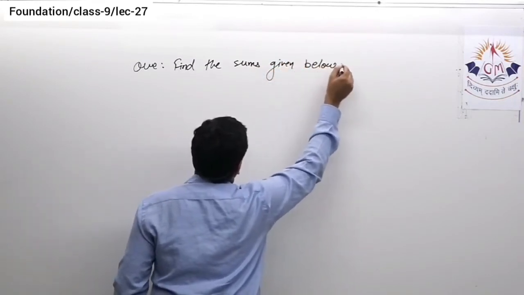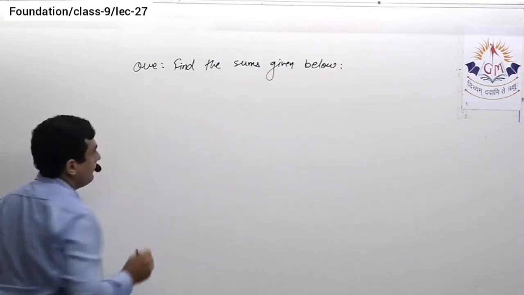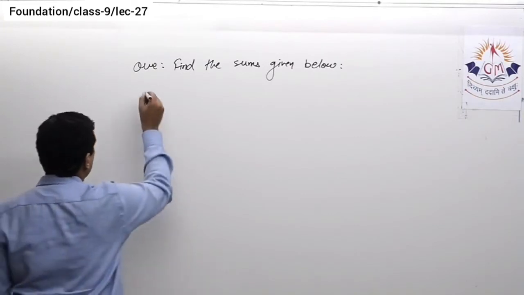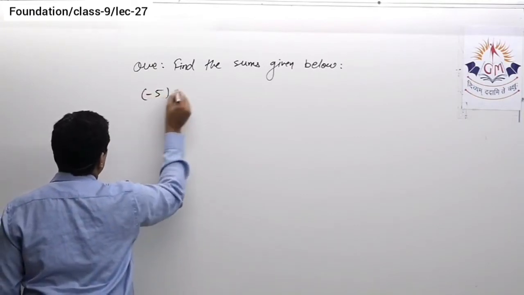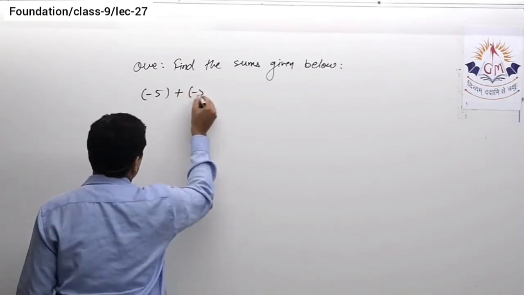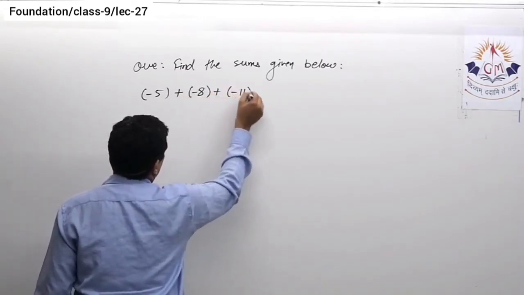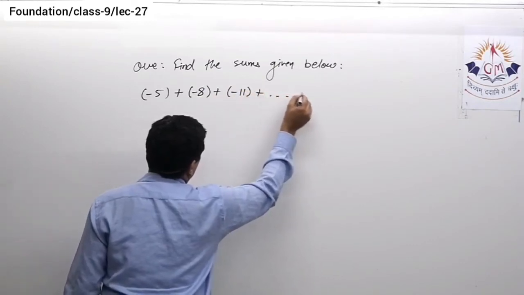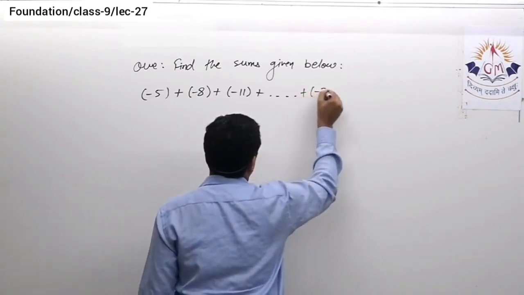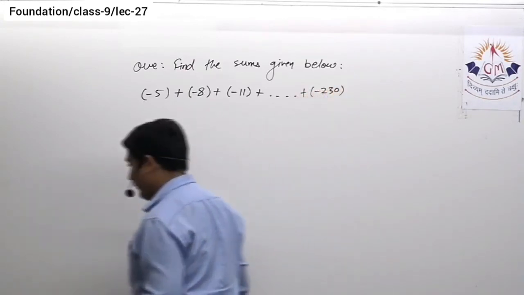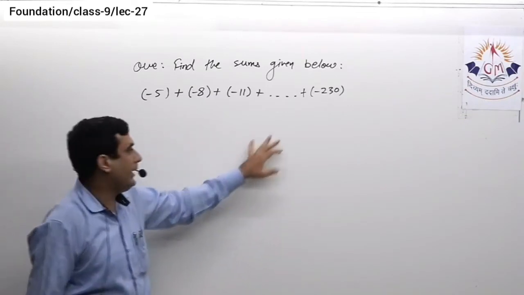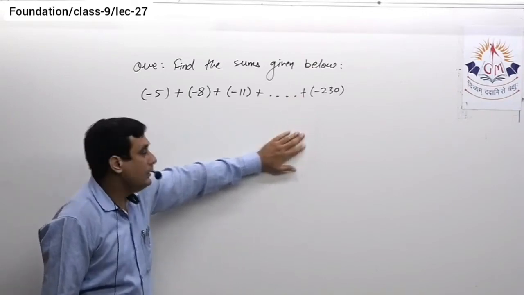In this, minus 5 plus minus 8 plus minus 11 plus, up to minus 230. Now if you directly start with a equal to minus 5 and then find d and n, it will be incorrect.